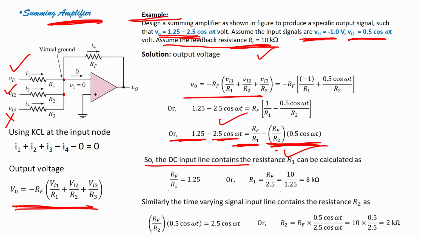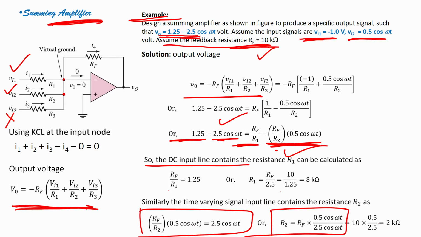So, I can write RF by R2 into 0.5 cos omega t equals this particular equation, and if I solve it, R2 would be 2 kilo ohms. Thus, I have found the value of R1 and the value of R2, and now I can put these values and design a summing amplifier.